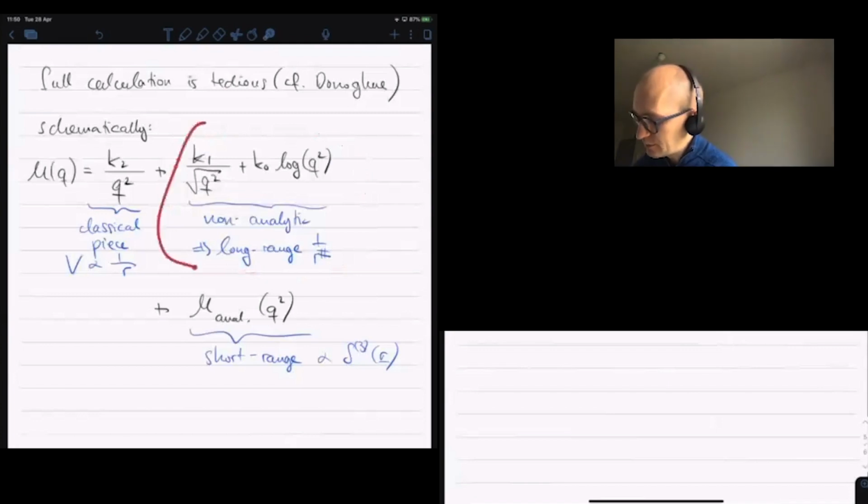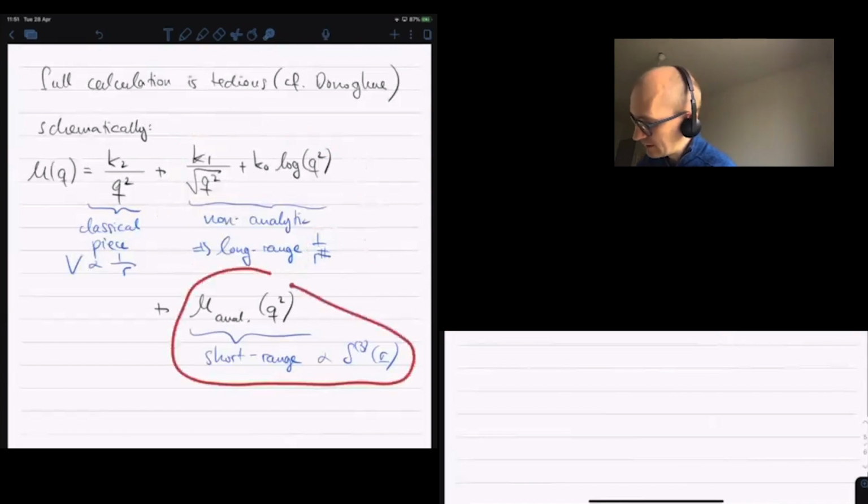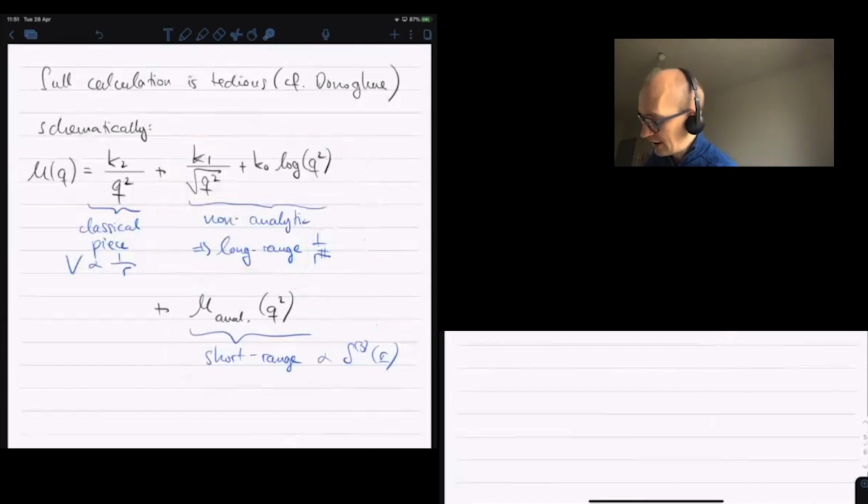So we can extract from those the non-analytic contributions, and it's only the non-analytic contributions that give you something that falls like a power law and that is relatively speaking long range. And then there are things that come from the curvature squared interactions or higher, which are analytic in q squared, which give us short range modifications.